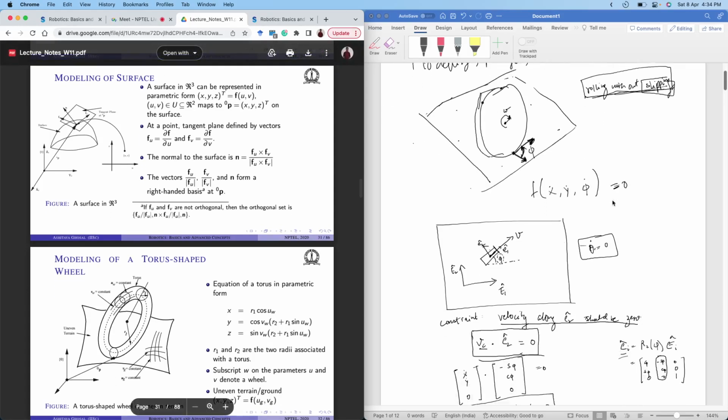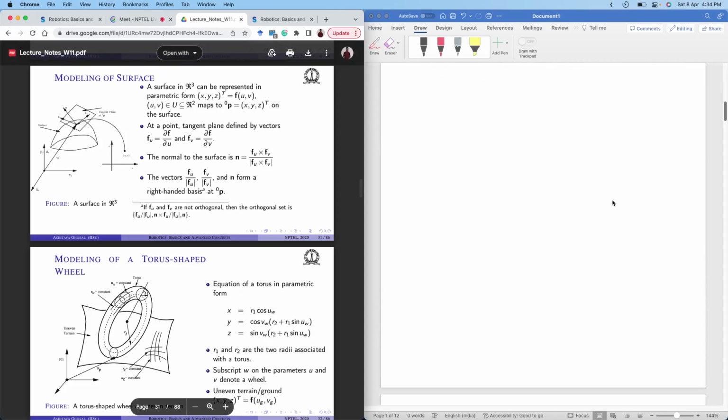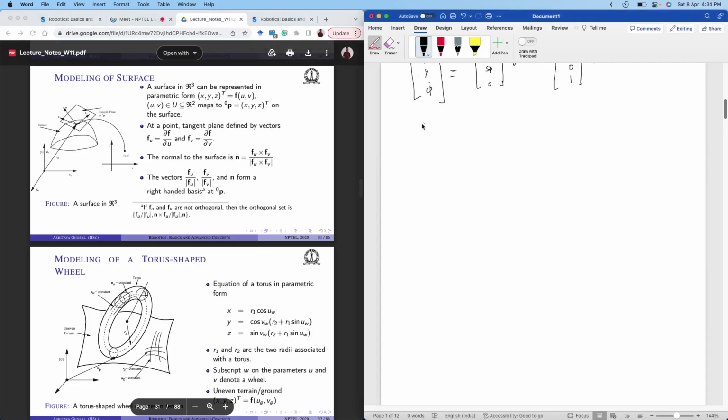And for a flat surface, we know that that particular constraint is ax plus by plus cz plus d is equal to 0, right? So this is a flat surface. x, y, and z are not independent.